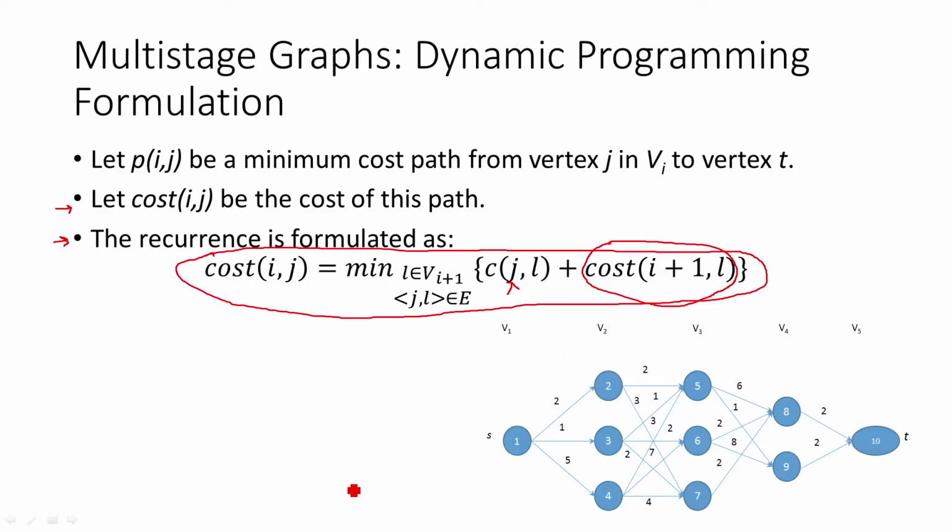So let's suppose the node that we have selected, j is 3 and I is 2, meaning the second stage, vertex number 3, we are there, and we need to choose whether we will select node number 5 in the next stage, or node number 6, or node number 7. So we need to make a decision.